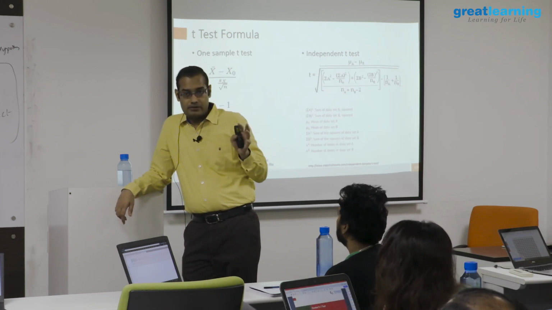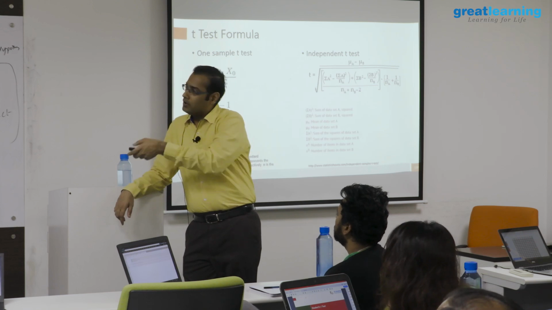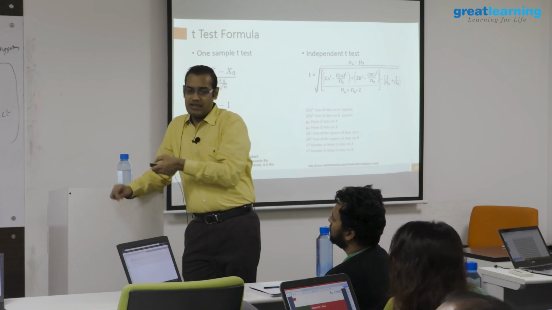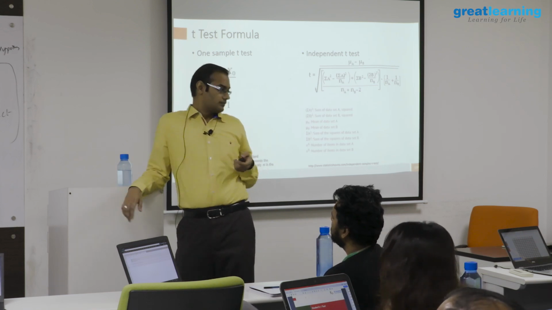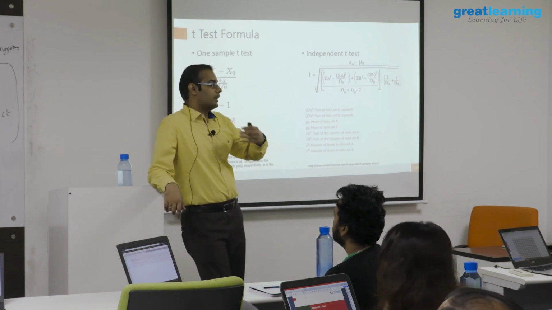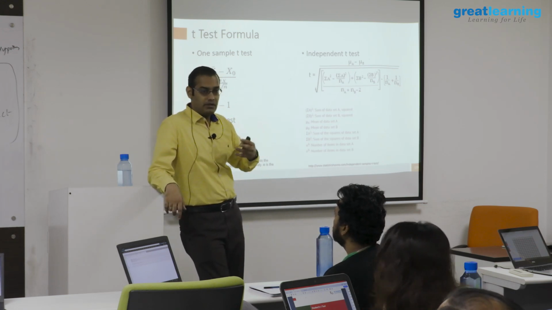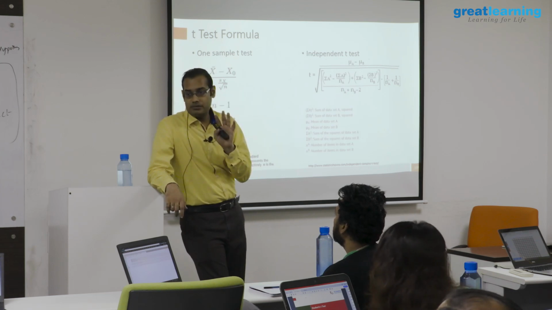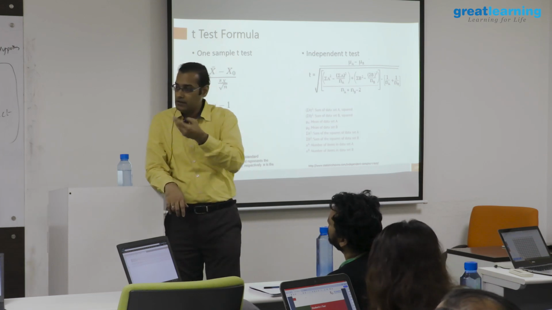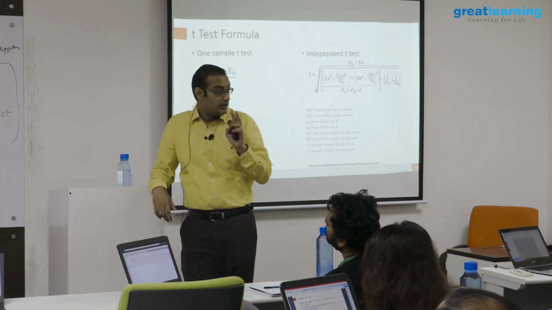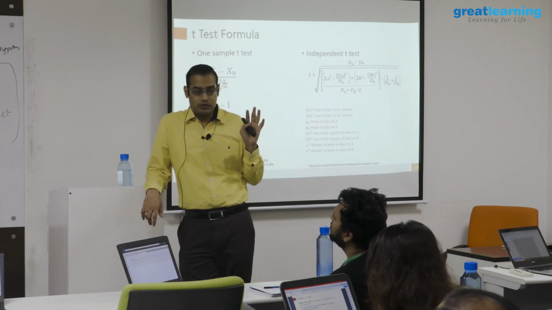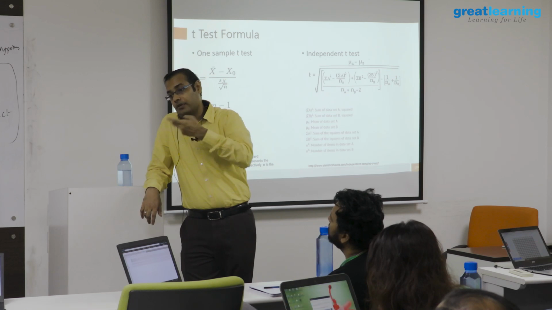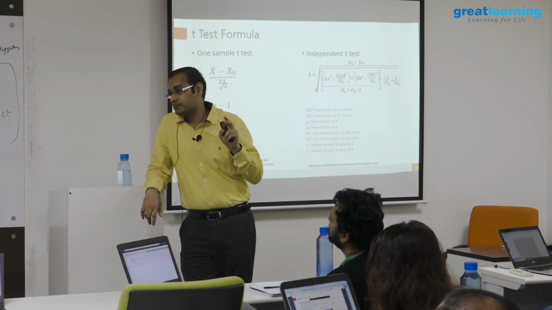Only thing is, we are not going to do all of these calculations using Excel or by hand. As we now go into more advanced tests, we'll leave it to the computer. We'll understand the concept, we'll pass the data, leave it to the computer to give the output, and using the output, we'll interpret the output. Interpretation part is still with us.